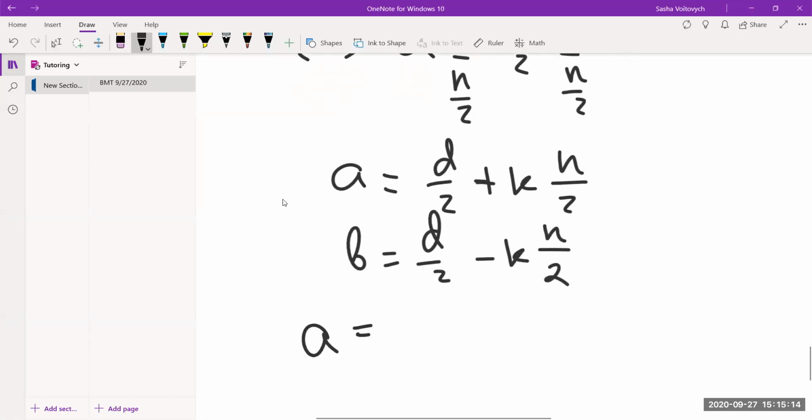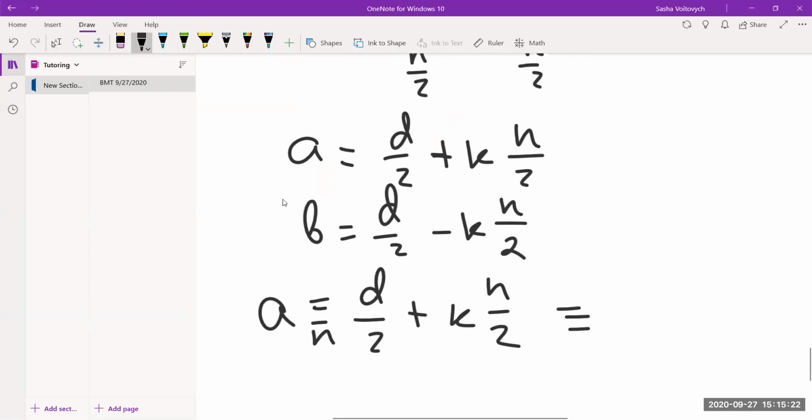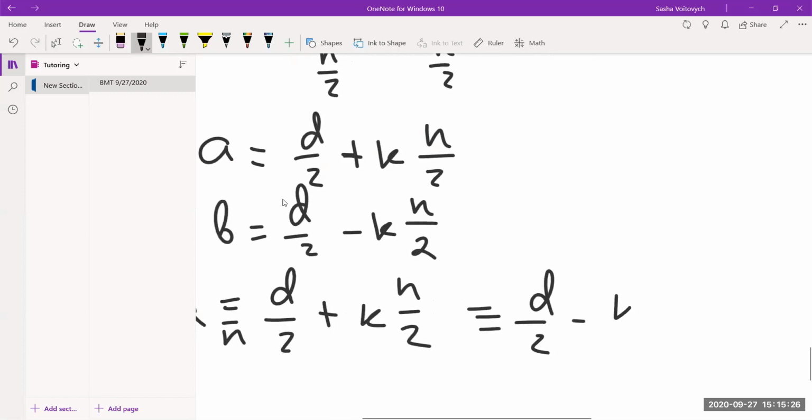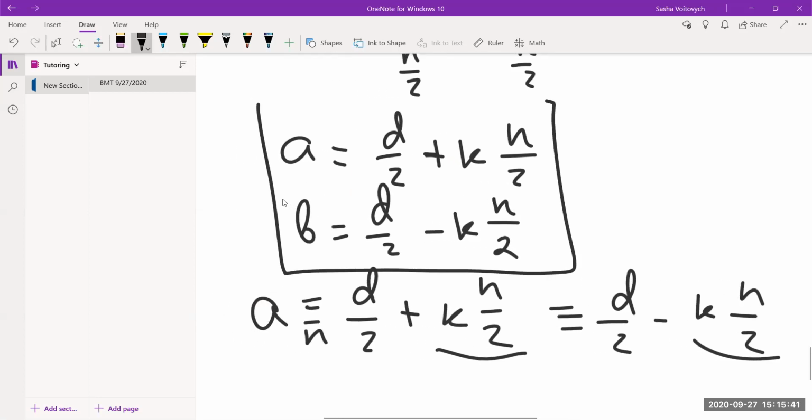Let's check that for these A and B, the second condition holds. A mod n is D over 2 plus k n over 2, which is congruent to D over 2 minus k n over 2, because n over 2 mod n is congruent to minus n over 2. So these always satisfy our system of equations.